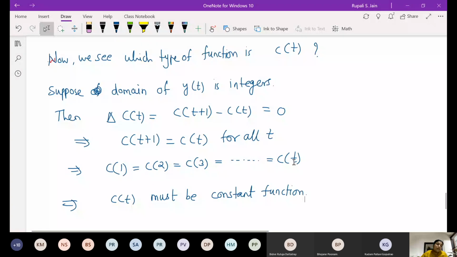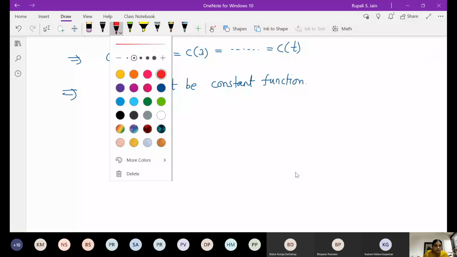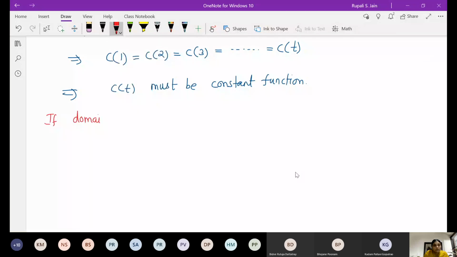Now if the domain of y(t) is not integers, say complex numbers or real numbers, whatever the domain may be, suppose it is real numbers.